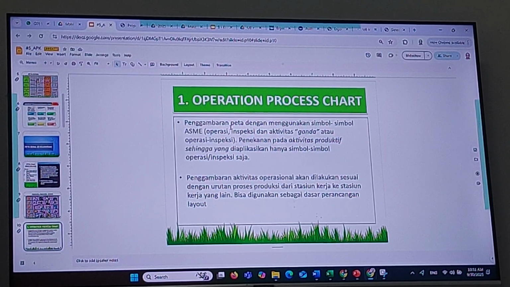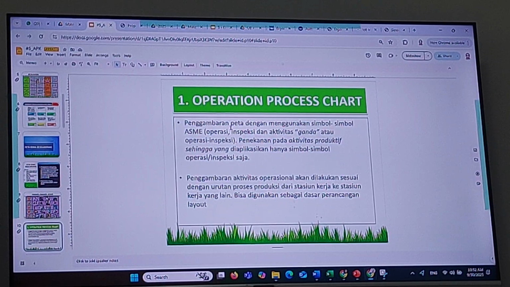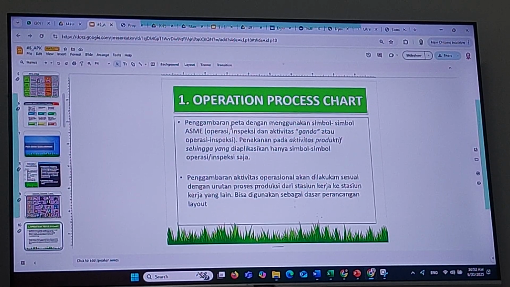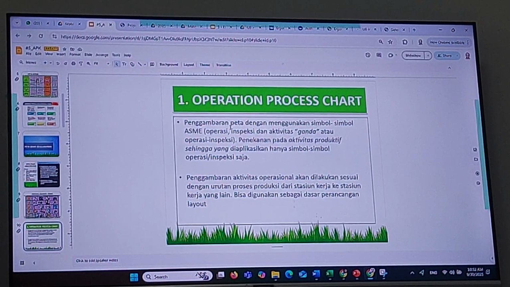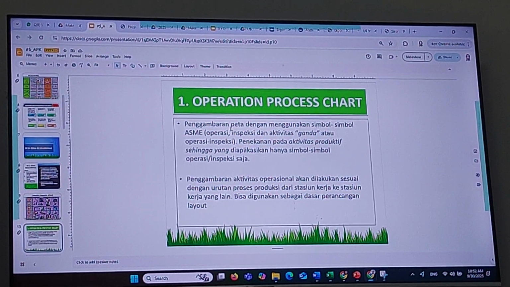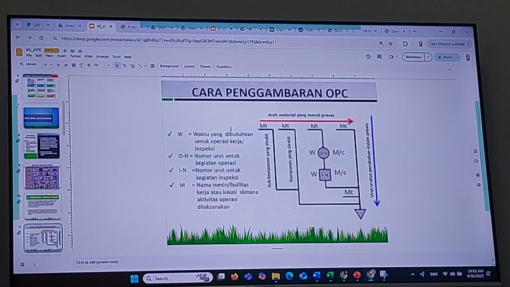We can use the two symbols in one process: one means operation, one means inspection. So when they wrap something and then check the quality of the seal, they do two things in one process, a combination of operation and inspection. Understand? Okay. This is the example.